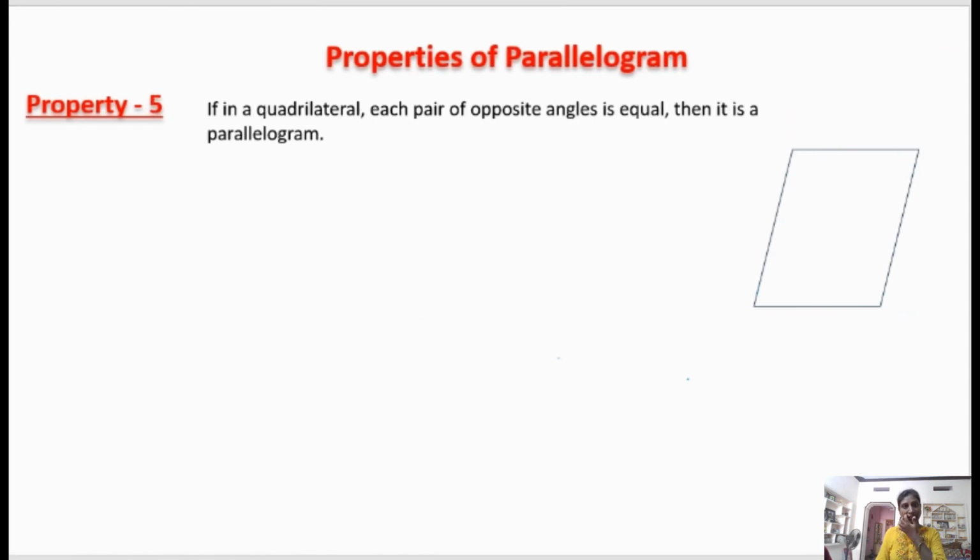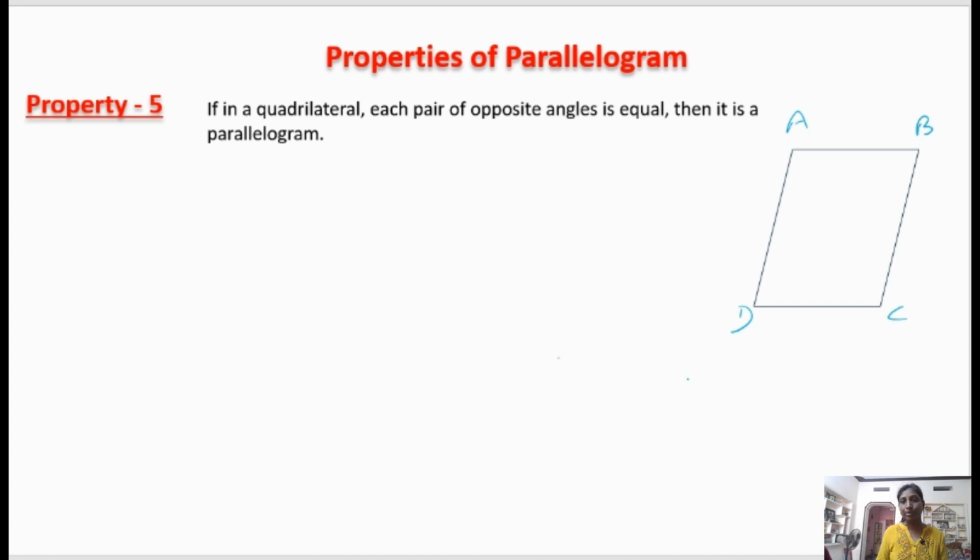Property number 5 is the converse of property number 4. Suppose we have a quadrilateral ABCD. If in a quadrilateral, each pair of opposite angles are equal, then it is a parallelogram.